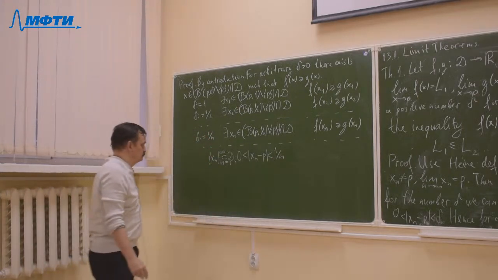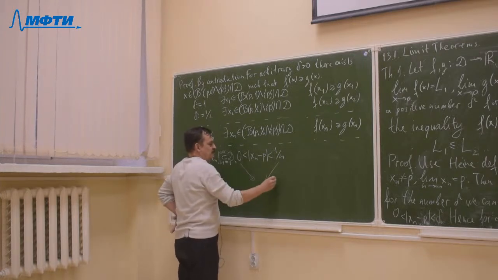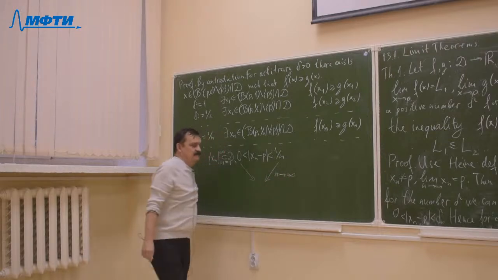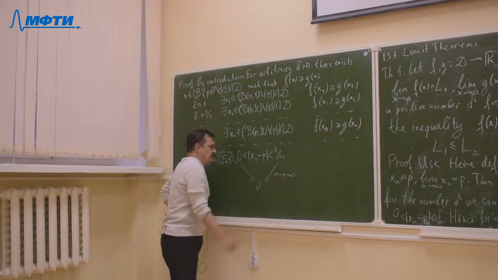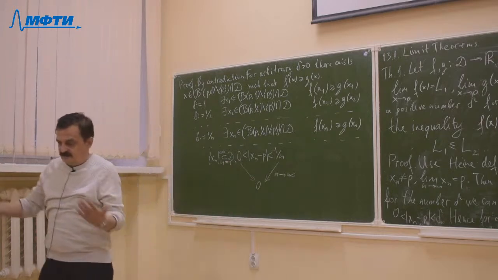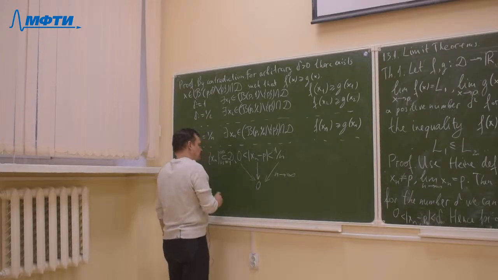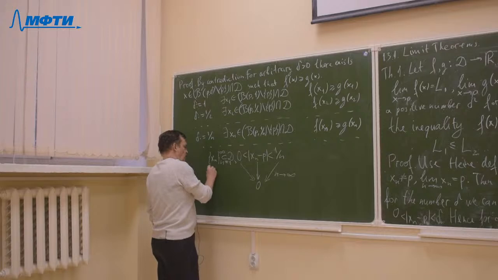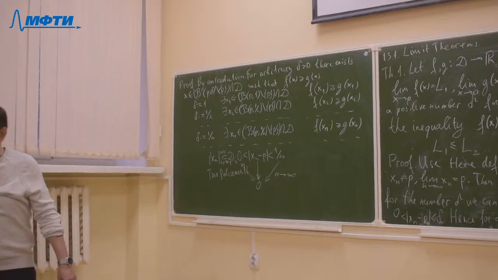Now, look at this inequality. Both left and right hand sides tend to 0 as n tends to infinity. The left hand side is a constant sequence, and the right hand side, 1 over n, tends to 0. Hence, by the two policemen theorem, the middle part also tends to 0.